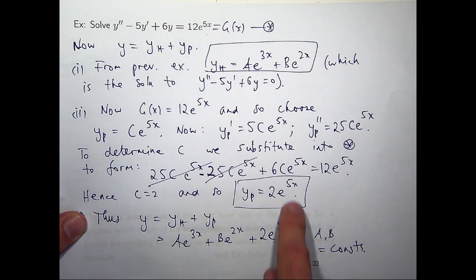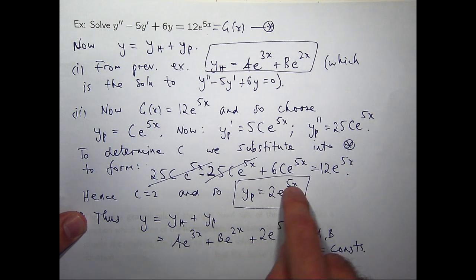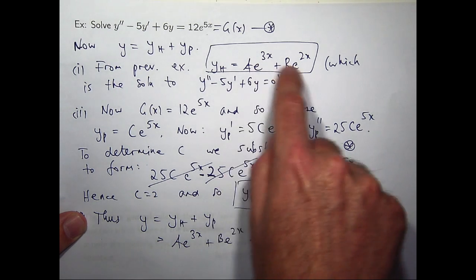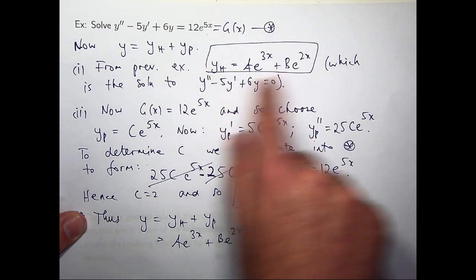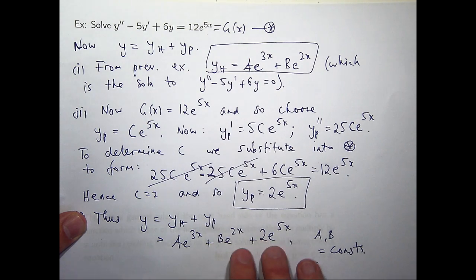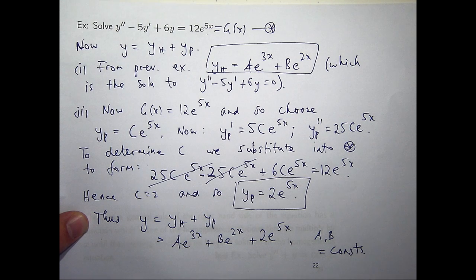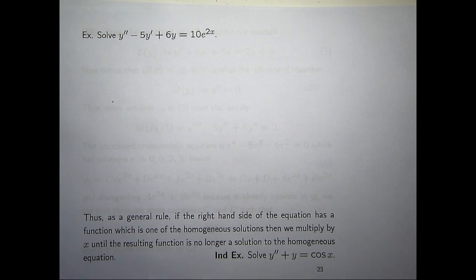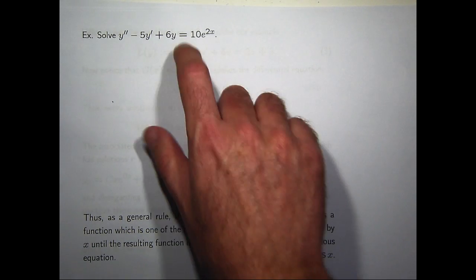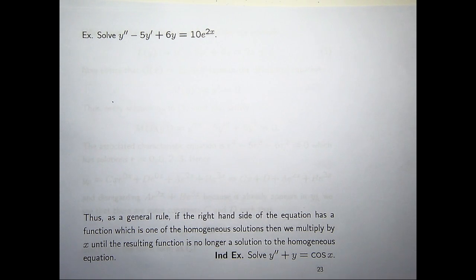If this was an e to the 2x or an e to the 3x, it's already contained in this homogeneous solution. So if I was to add them together, this part wouldn't be adding anything new. It wouldn't be bringing anything new to the table. This is something you need to be conscious of, and in fact, it's covered in this particular example. So this is a very good example.